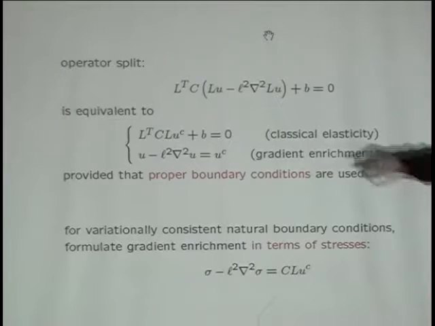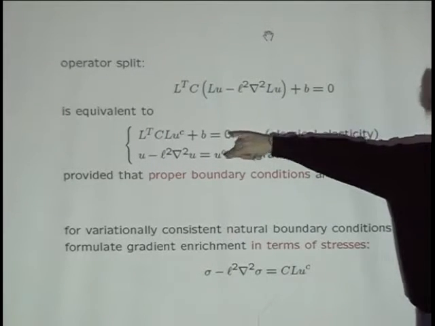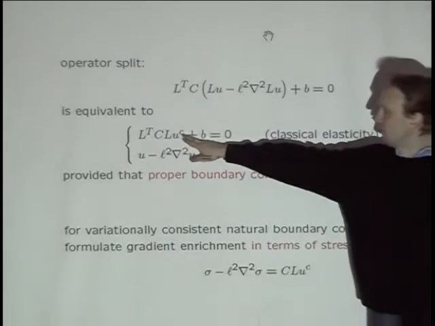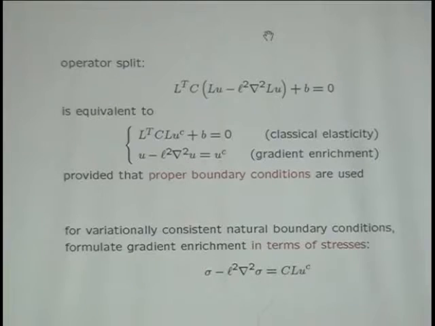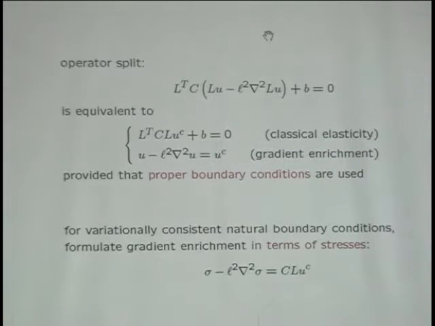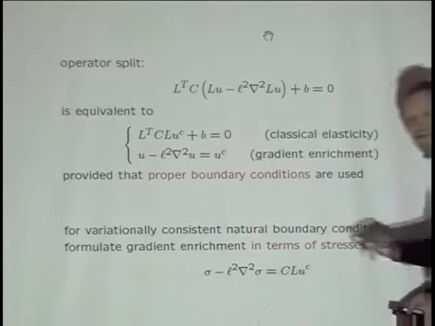So you can rewrite this equation into a sequence of two second-order equations, where the first one is just the standard equilibrium equation of classical elasticity, and I've given it that u with a little c to indicate that that's classical. So you can solve for the classical displacements. You throw it into your second equation, which is then the gradient enrichment, to get the properly microstructurally enhanced displacements, which are u without superscript.